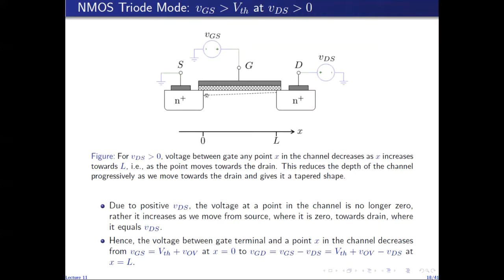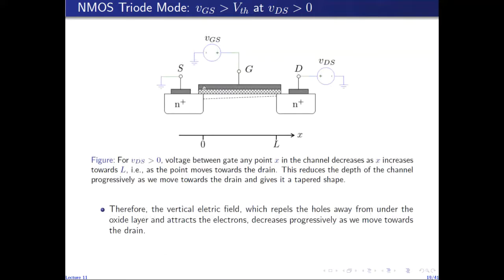So the voltage at any point along the channel increases from 0 at x equal to 0 to VDS at x equal to L, resulting in VGX at x equal to 0 equal to VGS, and VGX at x equal to L equal to VGD. And we see that increasing VDS will decrease VGD.